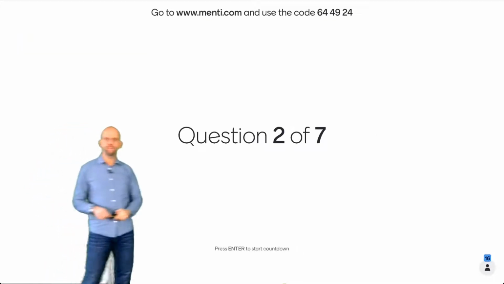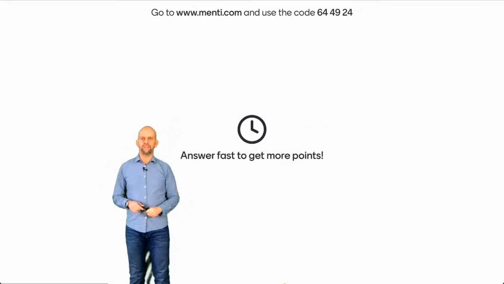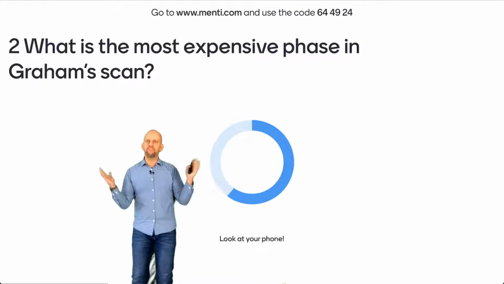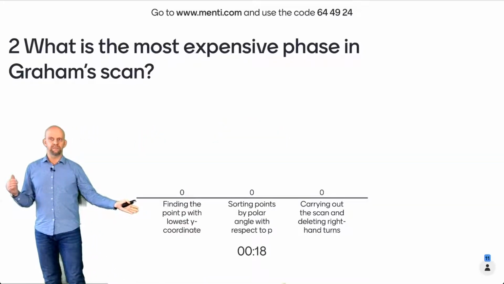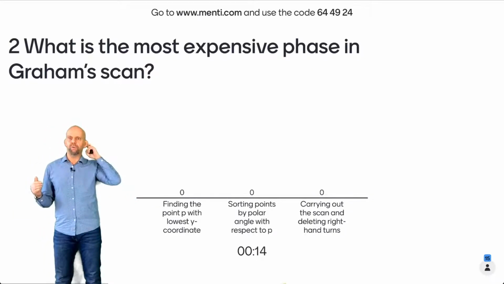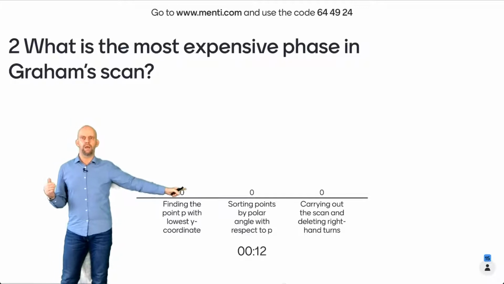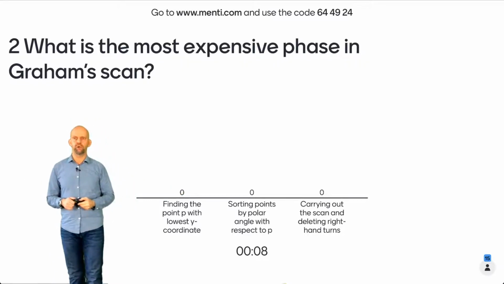Second question. Question number 2. Answer fast to get more points. What is the most expensive phase of Graham scan? Finding the point with lowest y coordinate, sorting points by polar angle with respect to p, carrying out the scan, or deleting right-hand turns.